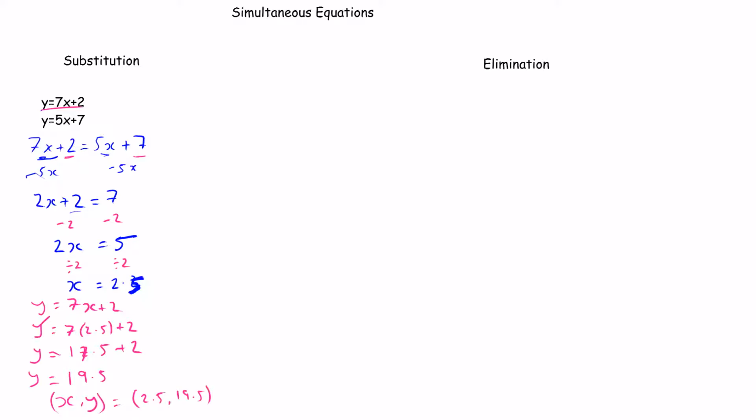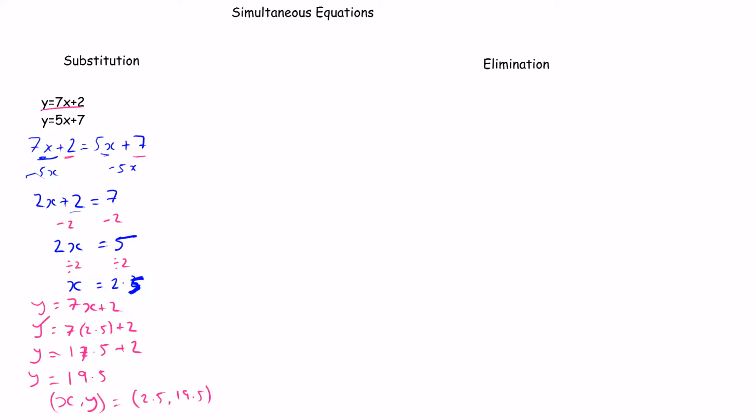So that is solving using substitution. We equated the two because we could see that they're both y equals, then we rearranged to get all the x's on one side and all of the constants on the other, and then we substituted back in to find y.